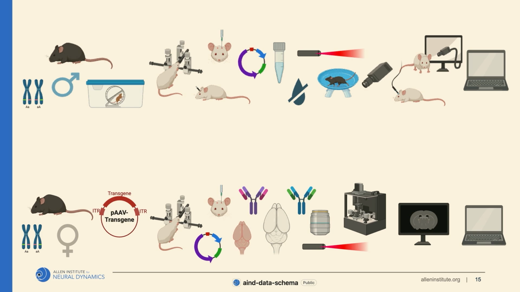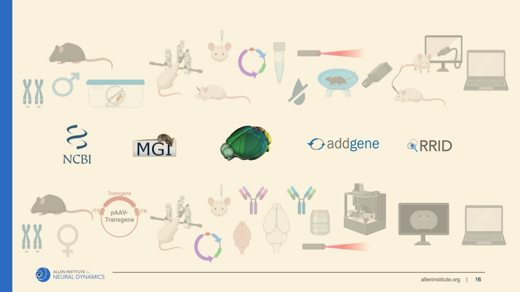And one of the things that we've been really leaning into here is persistent identifiers, ontologies, and databases so that we can establish controlled vocabularies to describe important components of these experiments. So this might be things like NCBI for having consistent naming of our species. For mouse, we use the Common Coordinate Framework for the Allen Brain Atlas to describe the different brain structures, and we can swap in other atlases for other species as needed.